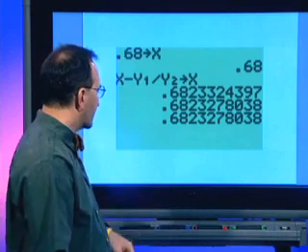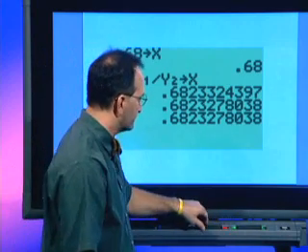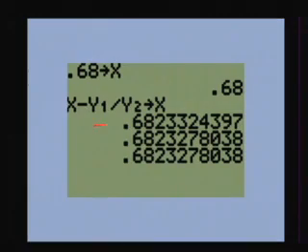So the first approximation it gave me was right here, 0.68233, etc. Then I hit enter again directly, and it gave me this. And you'll notice that when I hit enter a third time, it gave me the same display, which again means that the calculator has reached its limit in terms of the number of digits it can display.